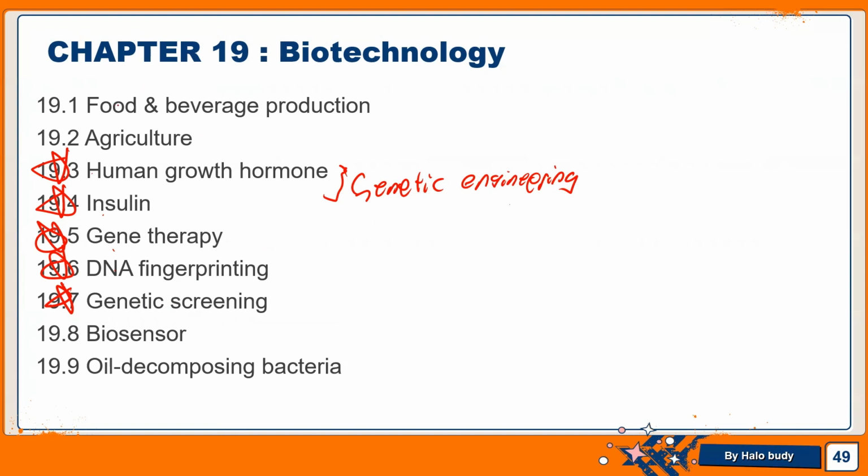And for food and beverage production, there are cheese production, milk production, wine production, and beer production.